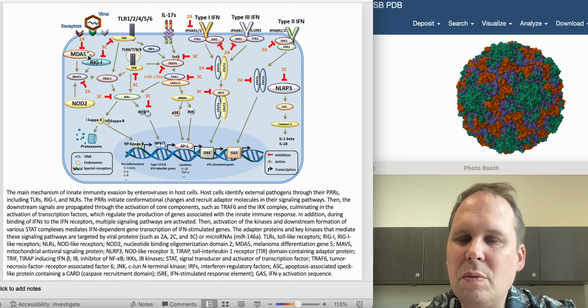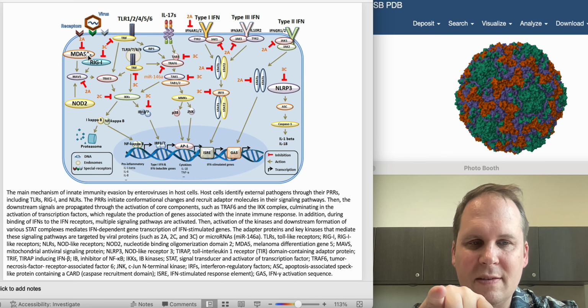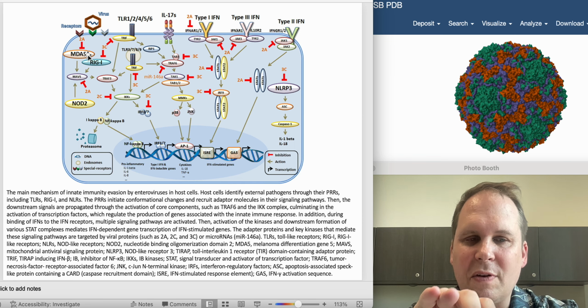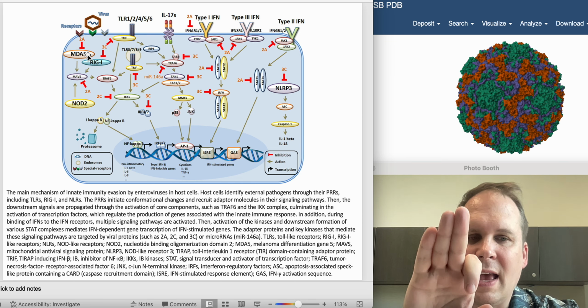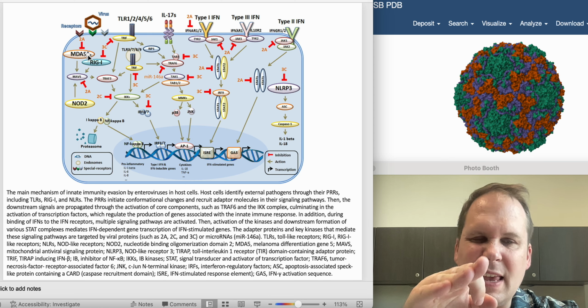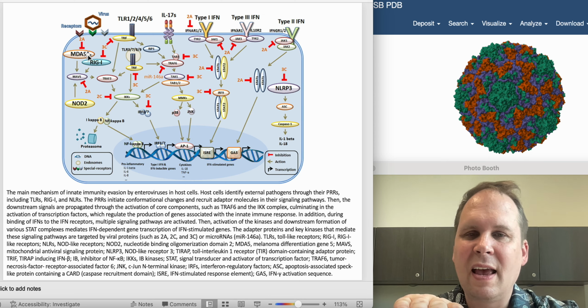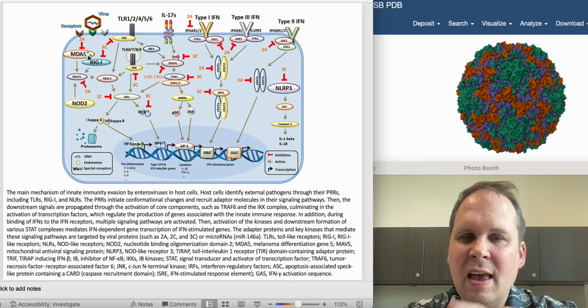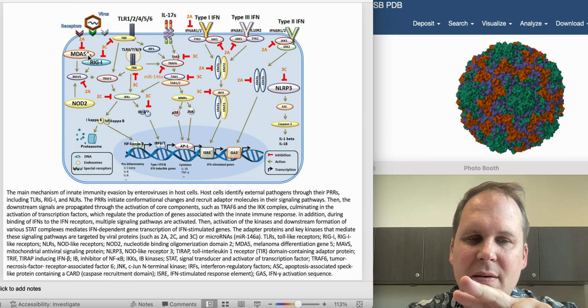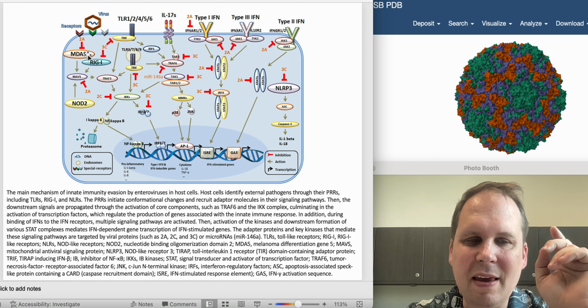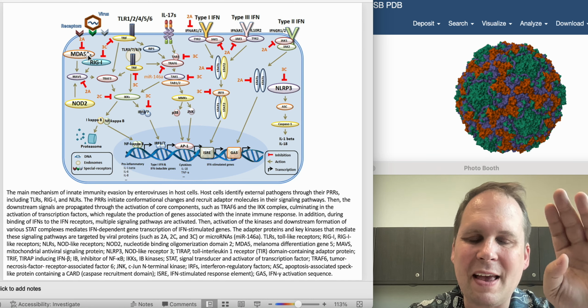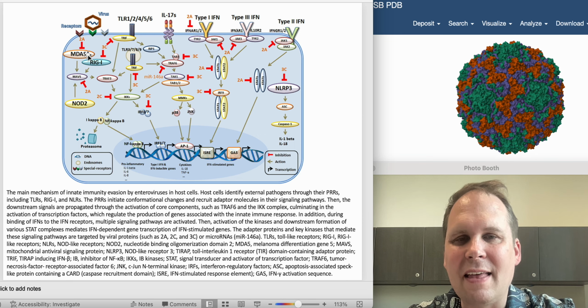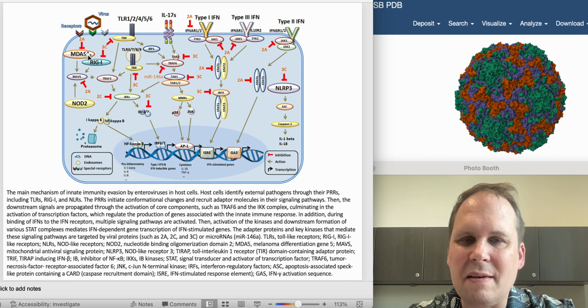So in region 2, we have the 2A protease. We have 2B, which does interesting things in the cell. And then we have 2C, which is a helicase-like protein. And then in region 3, we have the VPG, and that's either 3A or 3B. You'll have to look on the previous slide. And then we have the protease 3C and the main polymerase, which is 3D.